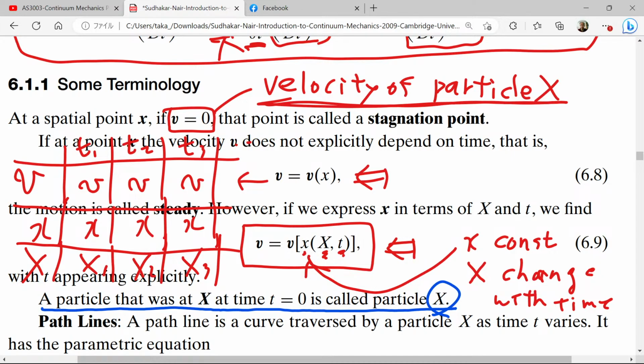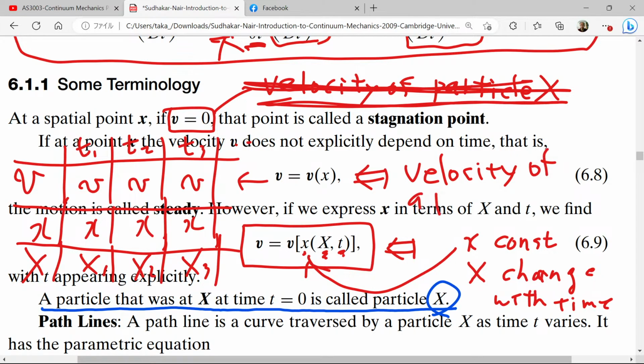So if I read this carefully, this is wrong. This is a velocity of a particle that is at small x at time t.